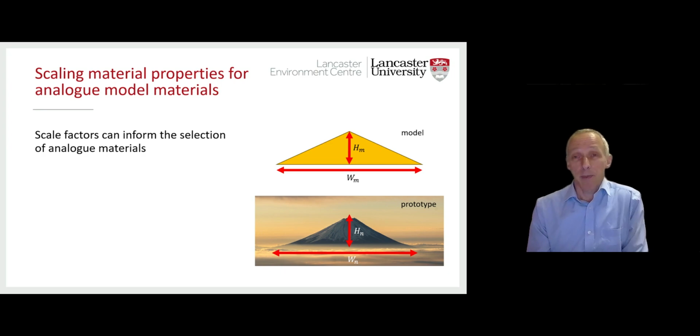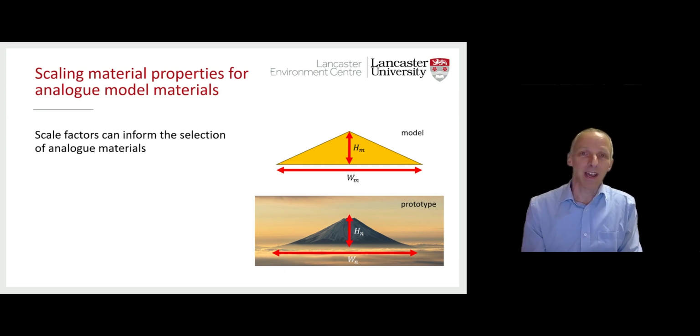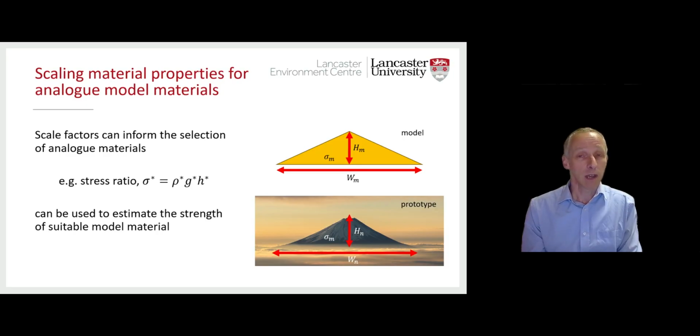So gravity will be effectively the same in the laboratory as at the volcano, so g star will be 1. Material densities will also be reasonably similar, so rho star can also be approximated to 1. And this leaves stress to scale by the same factor as distances, the length scale factor.